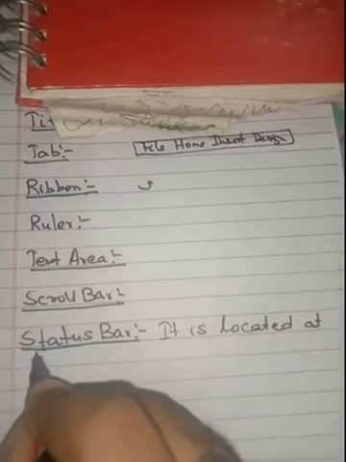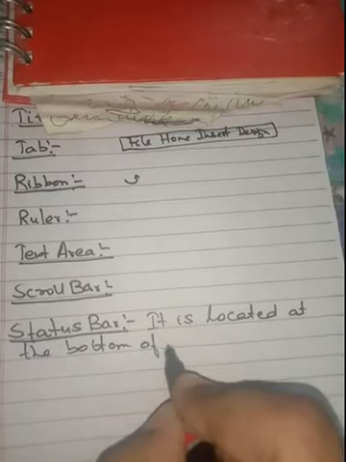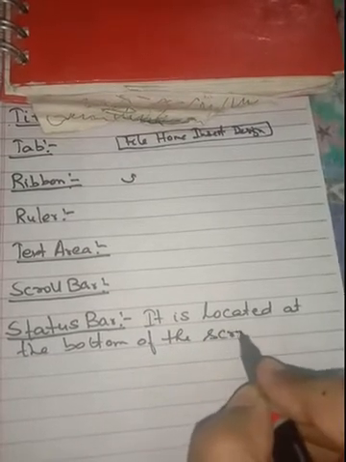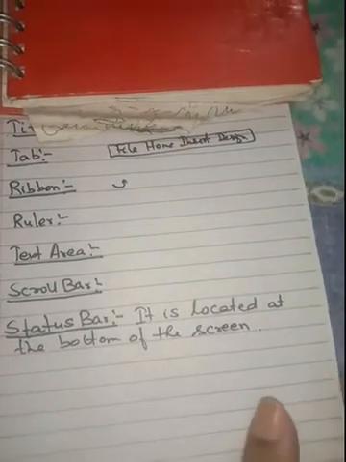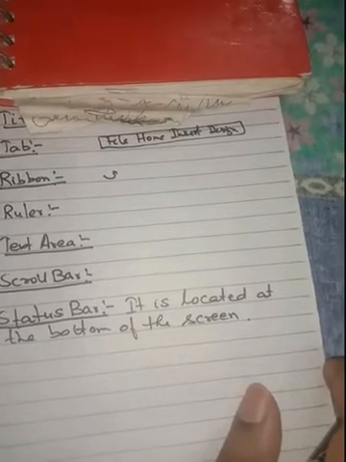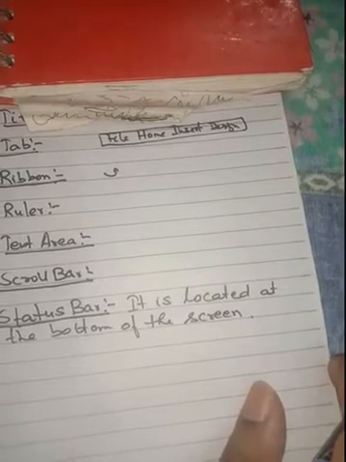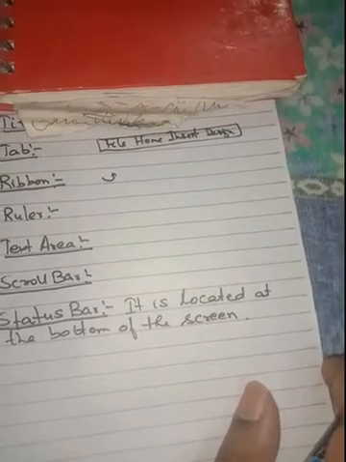It displays important and different types of information about the document that you have opened. Here we can see the page numbers, the number of words, etc.